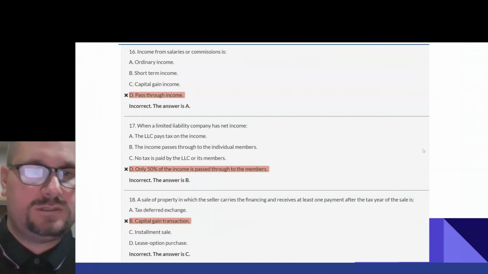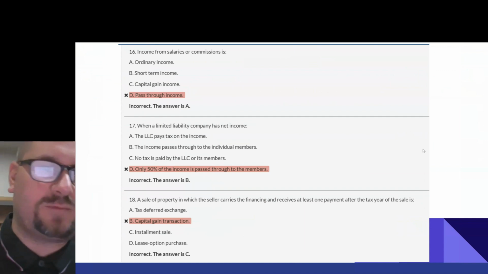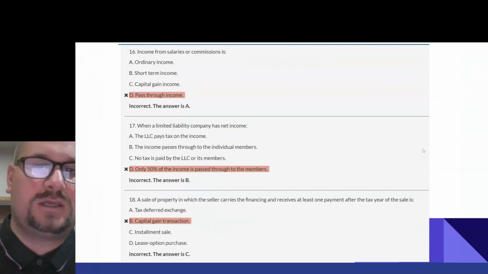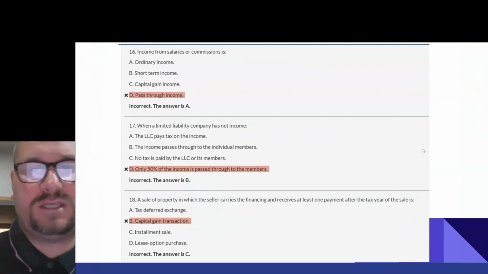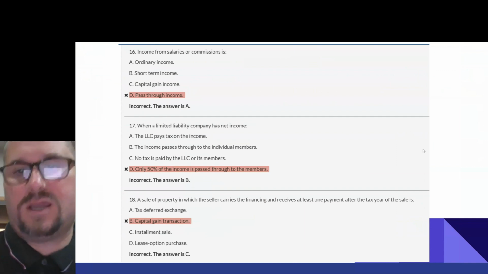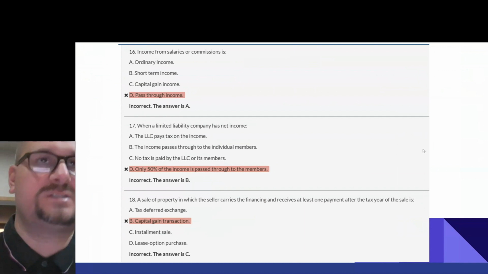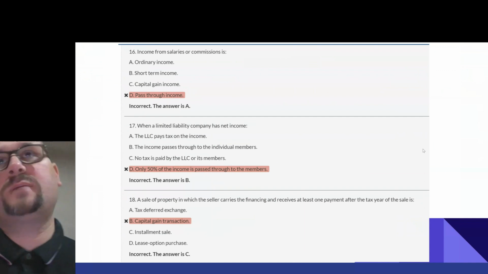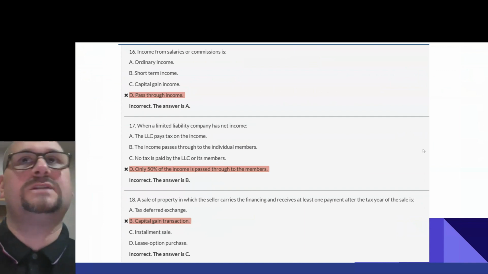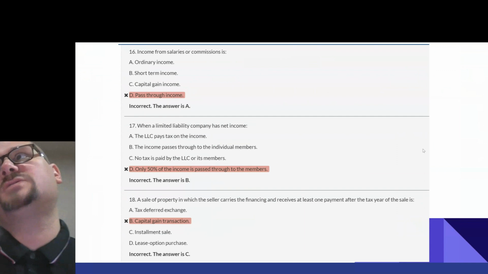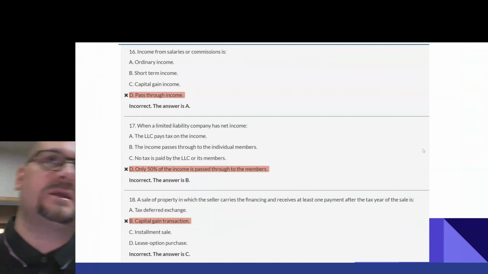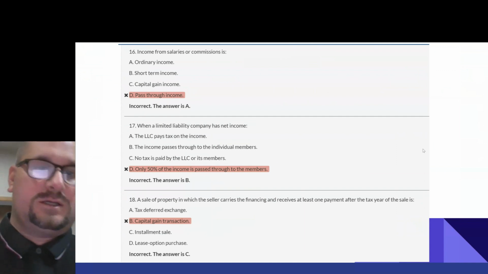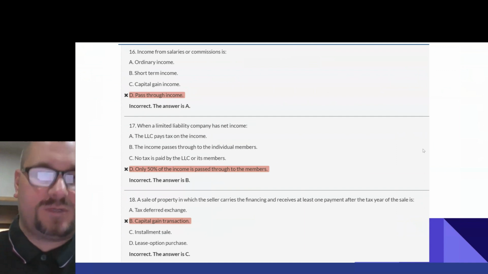An installment sale is a sale of a property in which the seller carries the financing and receives at least one payment after the tax year of the sale. Sometimes also called a seller carryback sale. Seller carryback, installment sale, same thing. Tax deferred exchange, no. Capital gain transaction, no. Lease option purchase, no.